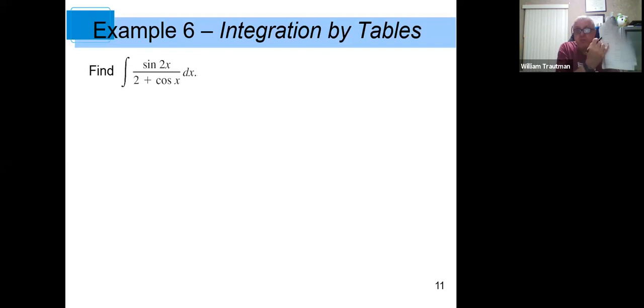So on your formula sheet, look at the top of formula 46. It says forms involving sine u and cosine u. Then on top of 59, it says forms involving tangent u, cotangent u. Then on top of problem 26 on your formula sheet, it says forms involving the square root of u squared plus or minus a squared.